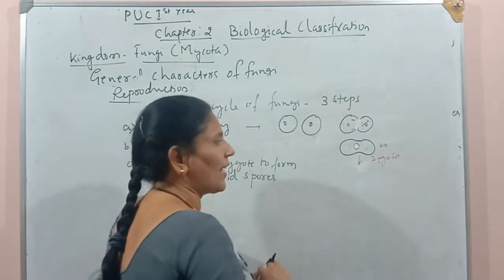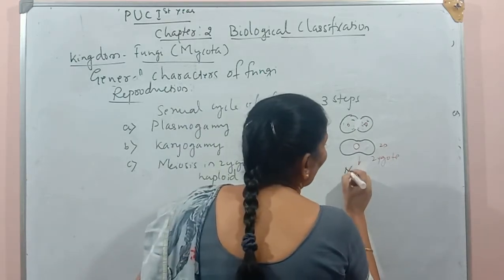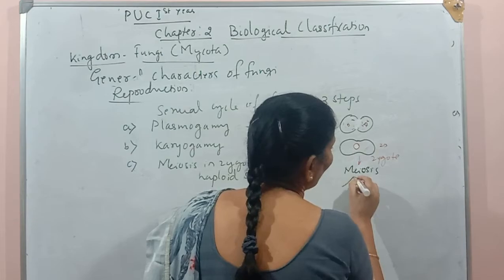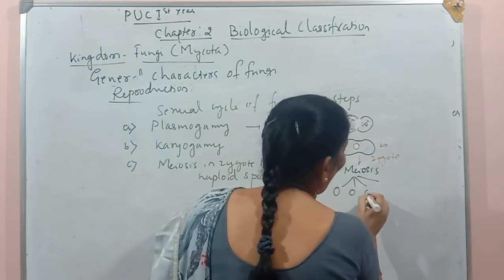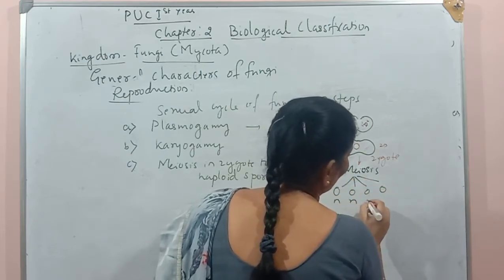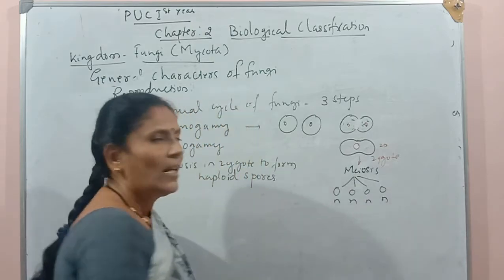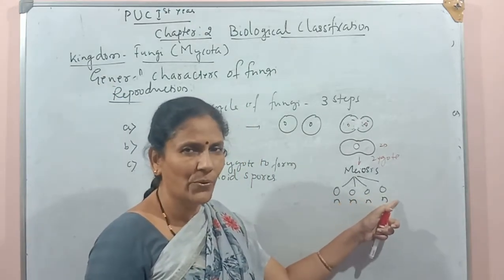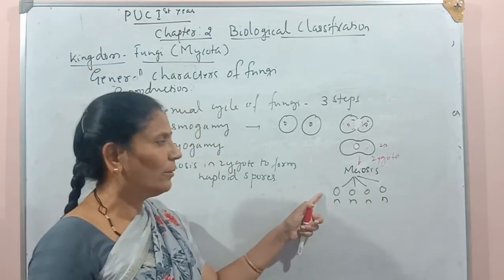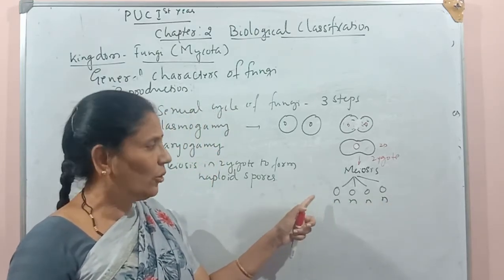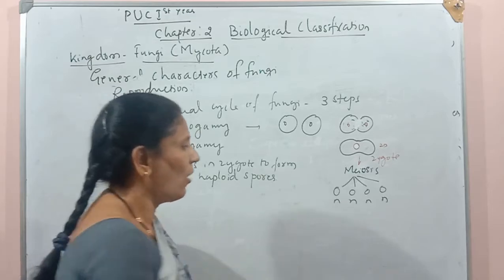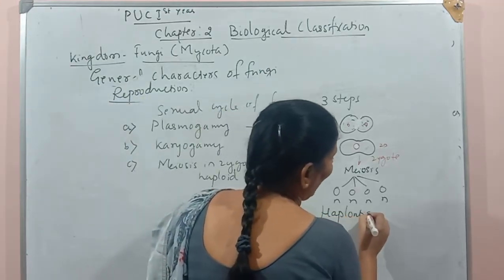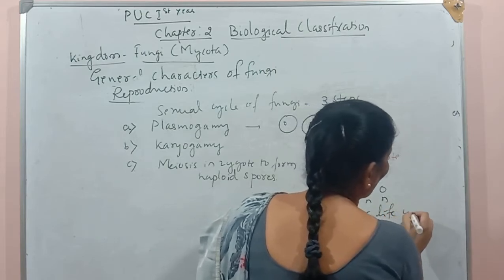In the diploid zygote, meiosis takes place and produces 4 haploid spores. This process takes place in those fungi which have a haplontic life cycle.